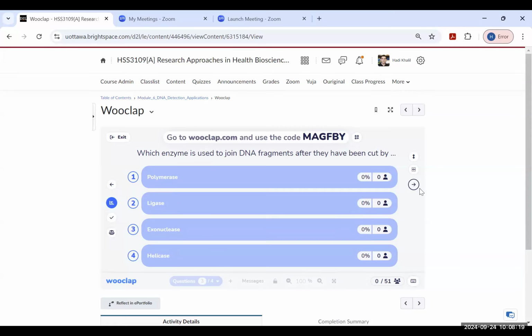Then the question is, what enzyme is used to join DNA fragments after they have been cut? Ligase, polymerase, endonuclease, helicase.